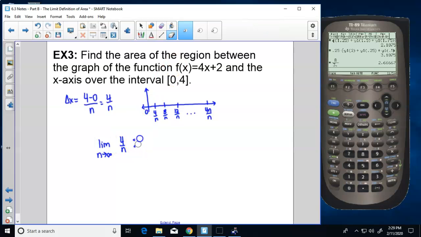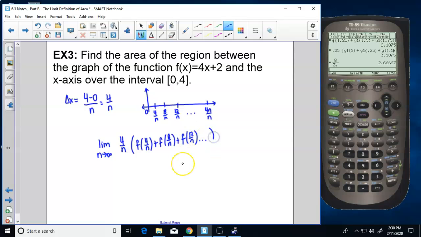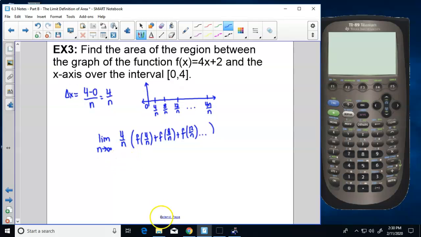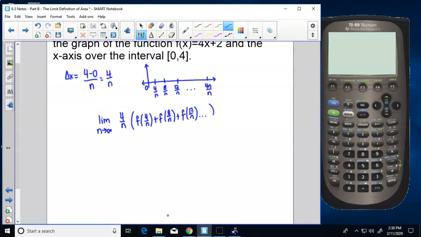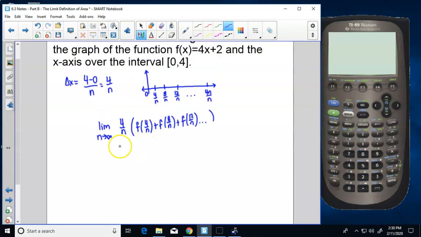Actually, no, let's not do the sum yet. Let's do f of, we're going to use the right hand sum, so it'll be 4 over n plus 8 over n plus 12 over n and dot, dot, dot there. Which, if we actually plug into the equation, would look like this.